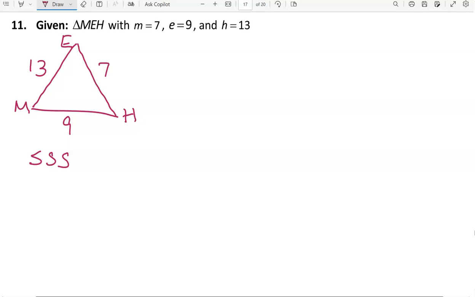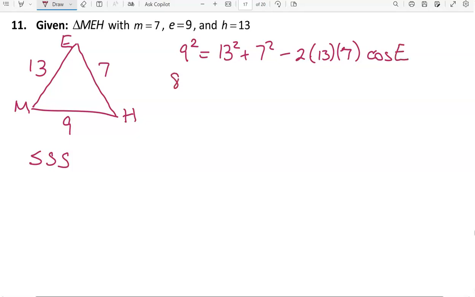So in order to do that, I'm going to have E squared by itself on one side of the law of cosines. 9 squared is equal to 13 squared plus 7 squared minus 2 times 13 times 7 times the cosine, because it is the law of cosines, of angle E. We're going to have to do a little arithmetic, and you can use your calculator to help if you want.